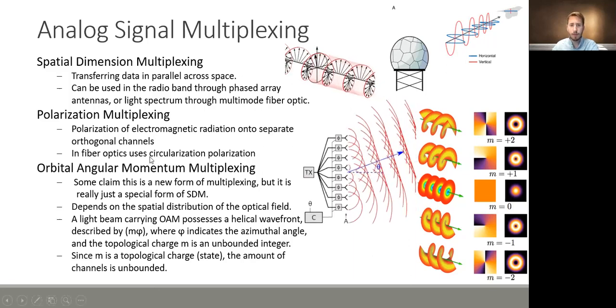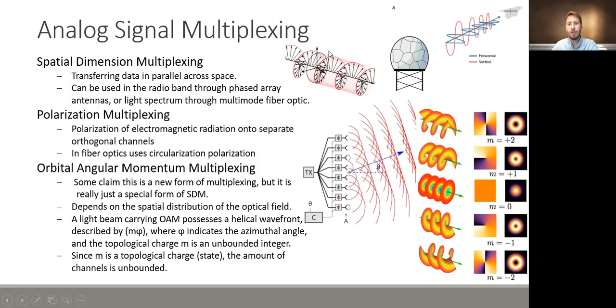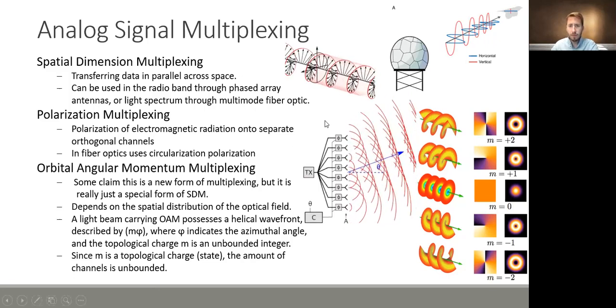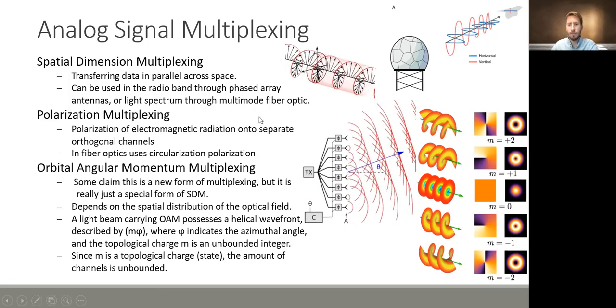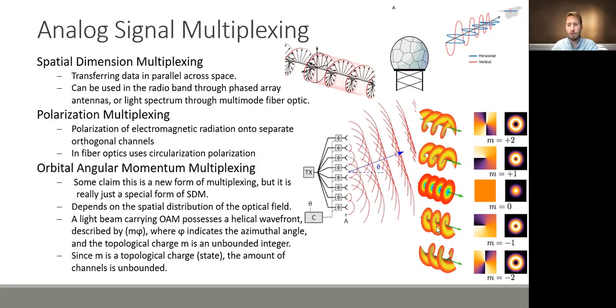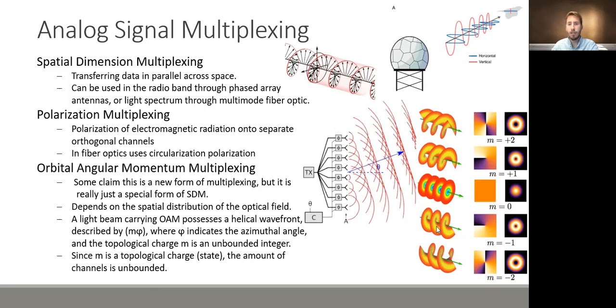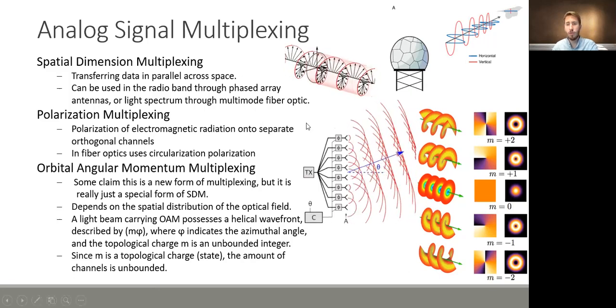However, in fiber optics, when you're using light, you can also do a circular polarization. This gets into more electromagnetics, but with the electromagnetic spectrum, you can have a circular polarization of the actual light, and so you can use the direction of that polarization.